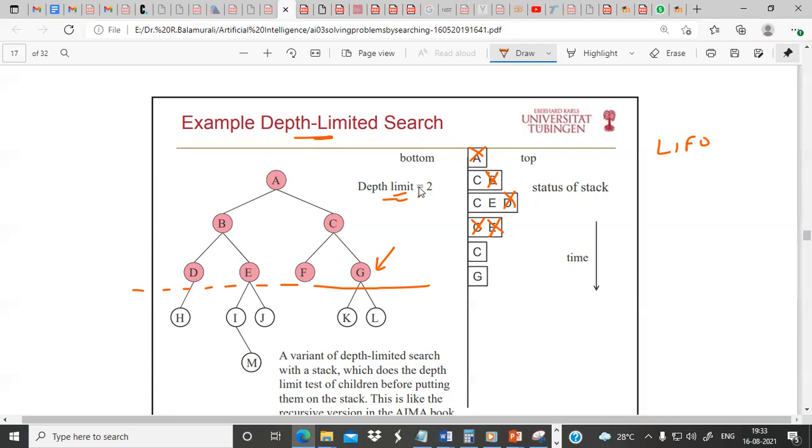So expand C. When you expand C, you get G and F. Okay, so it will be pushed in what order? First we push G, and then we push F.